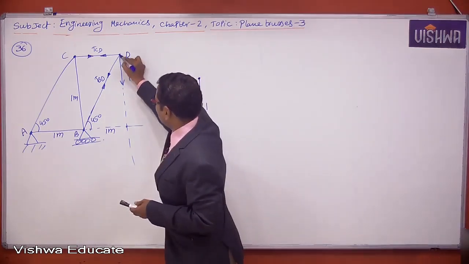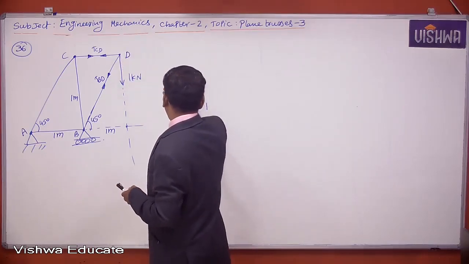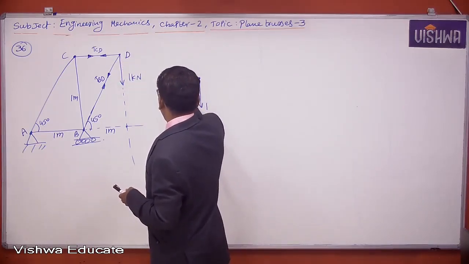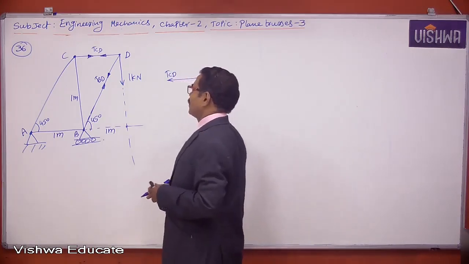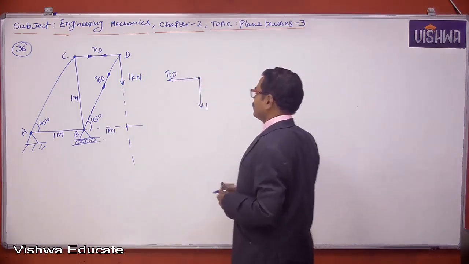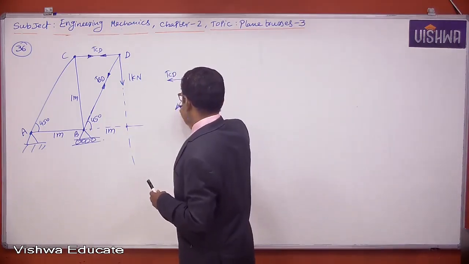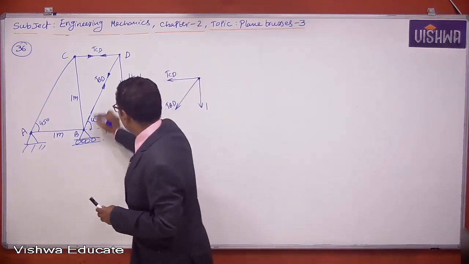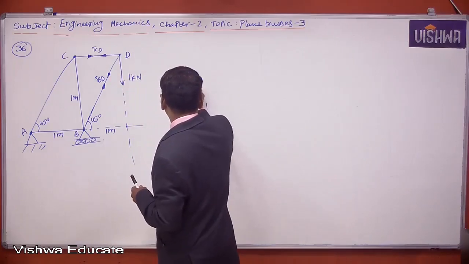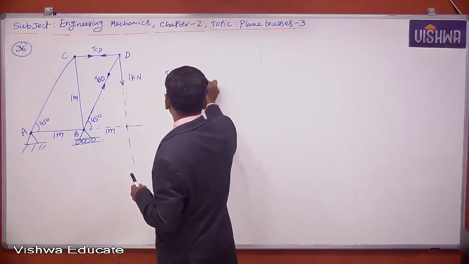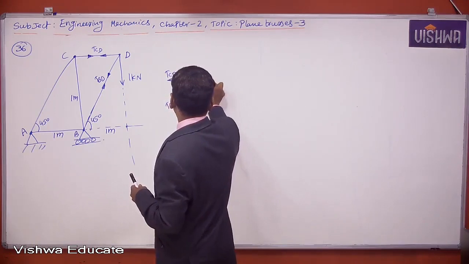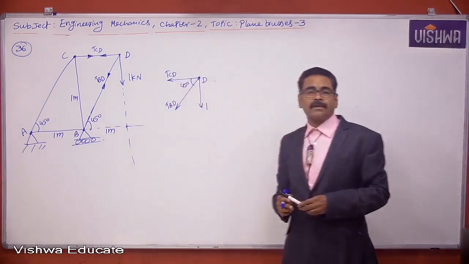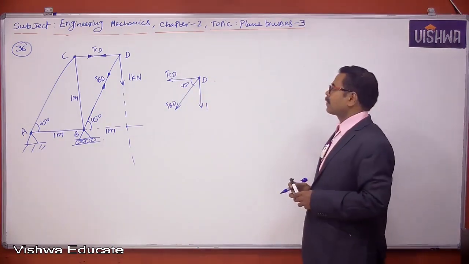With respect to D, TCD is leftward. TBD is downward. If this angle is 45 degrees, this angle is also 45 degrees. And this is joint D.